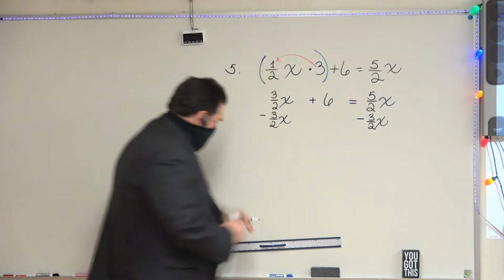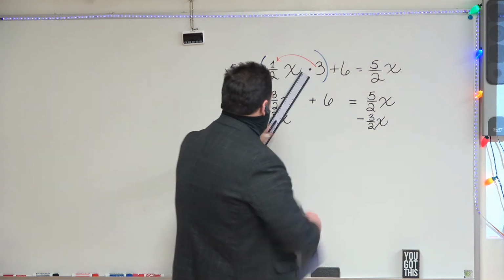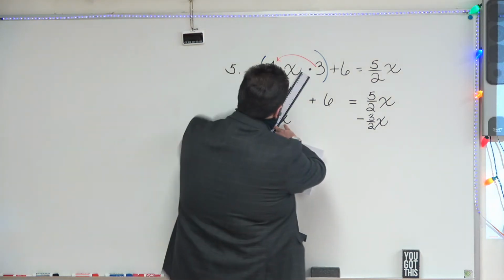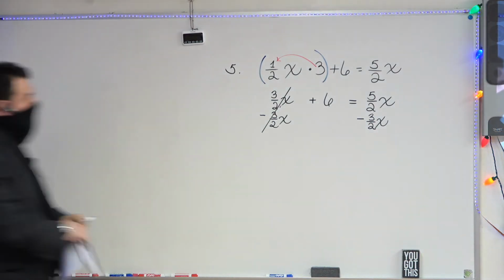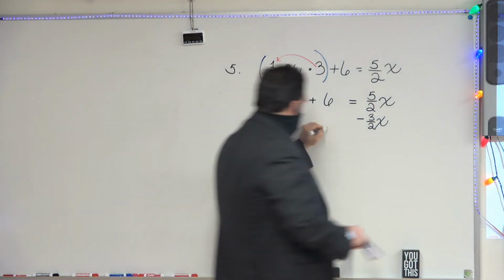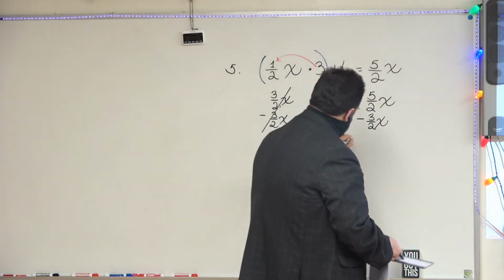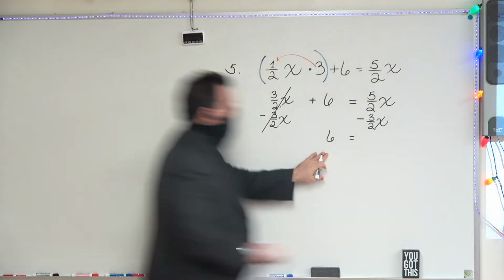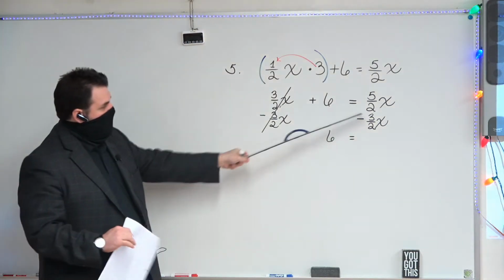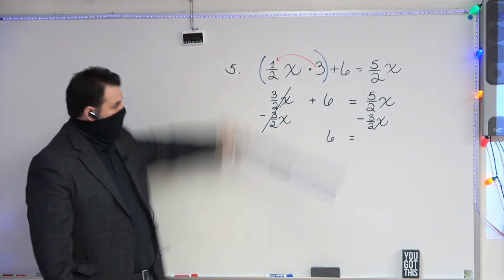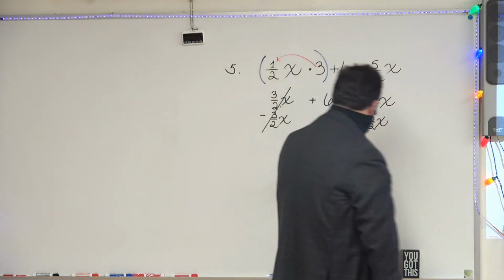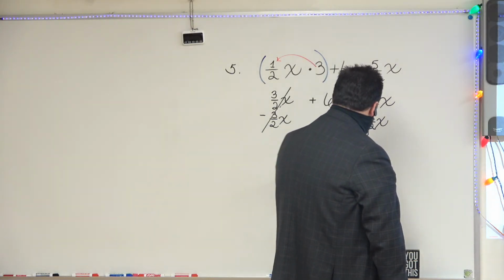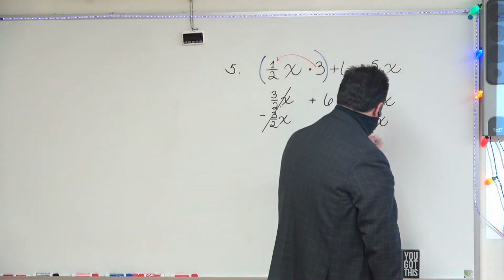The additive inverse principle tells us that additive inverses sum to 0, which means I can cross them out. All that's left over here on the left side is a 6. And now I check, do I have common denominators? Yes, I do. So I can subtract the numerators. 5 minus 3 is 2 over 2x.